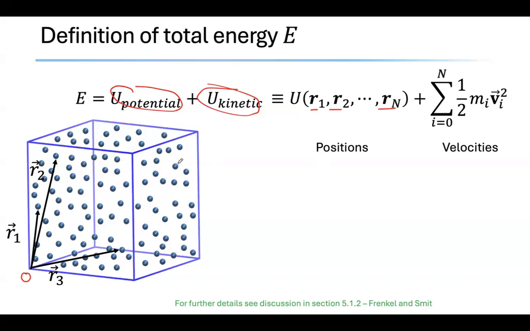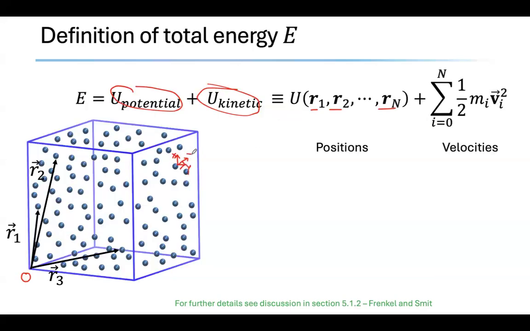And the velocity is a vector. So if you choose a particular ball, you have velocity in the x direction, you have velocity in the y direction, and you have velocity in the z direction. So I would say this is x. This is y.